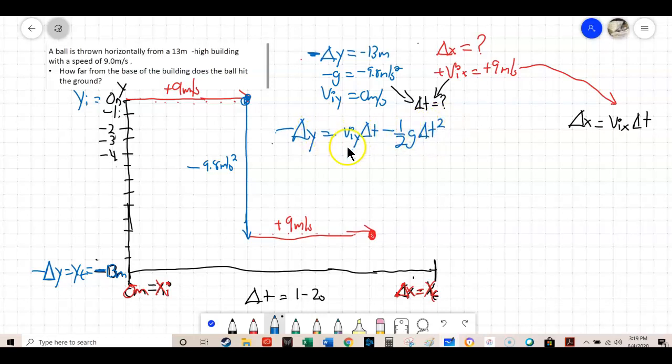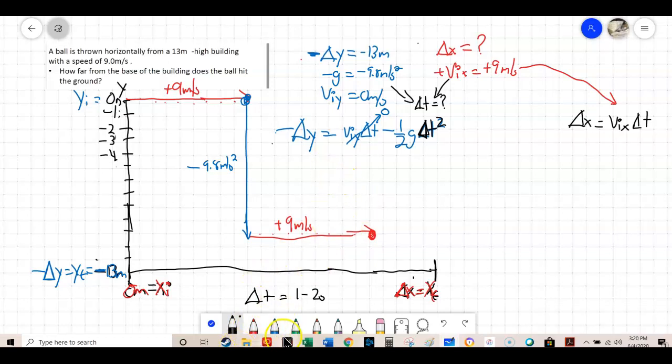But the initial velocity in the y direction is 0. So we're going to be using this equation to find delta t, and then using that to solve for this.